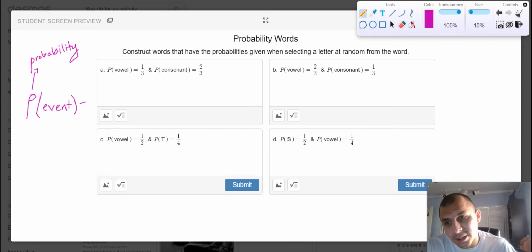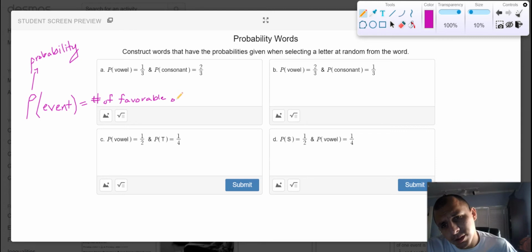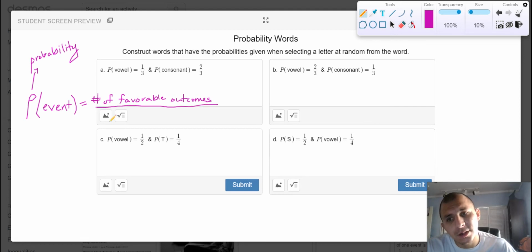So the probability of an event is the number of favorable outcomes for an event divided by the number of total outcomes.